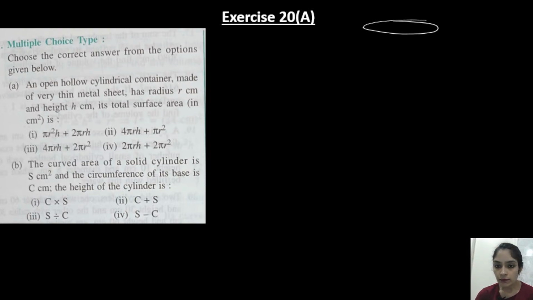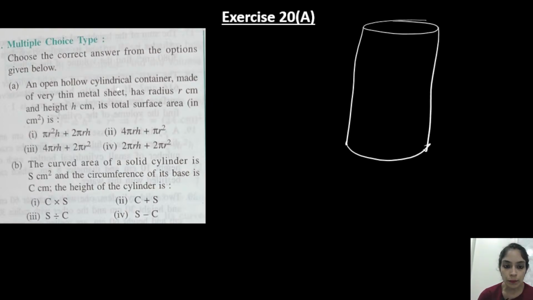This is how an open container will look like, and they have mentioned an open hollow cylindrical container. It will have some thickness. It is made of a very thin metal sheet. So its radius is R. This sheet is very thin, so thickness is not there.